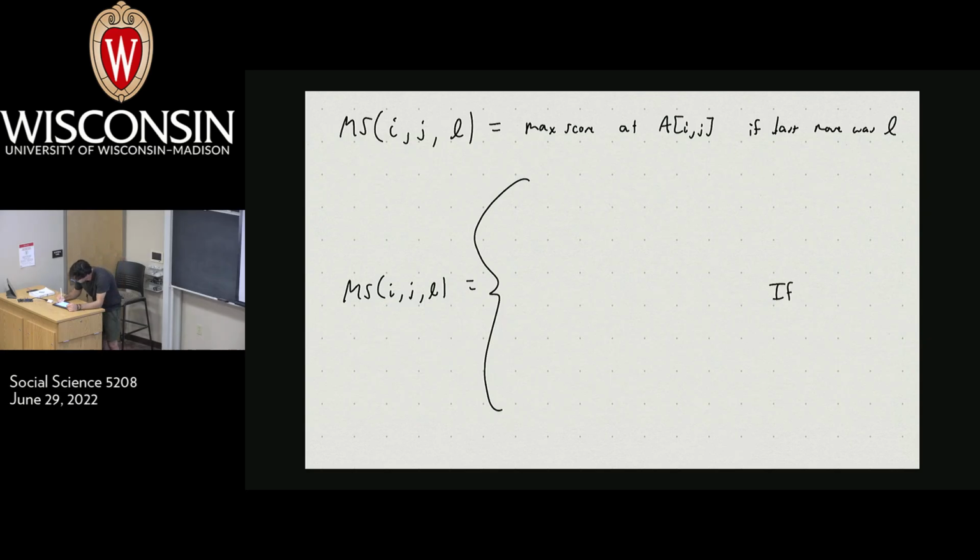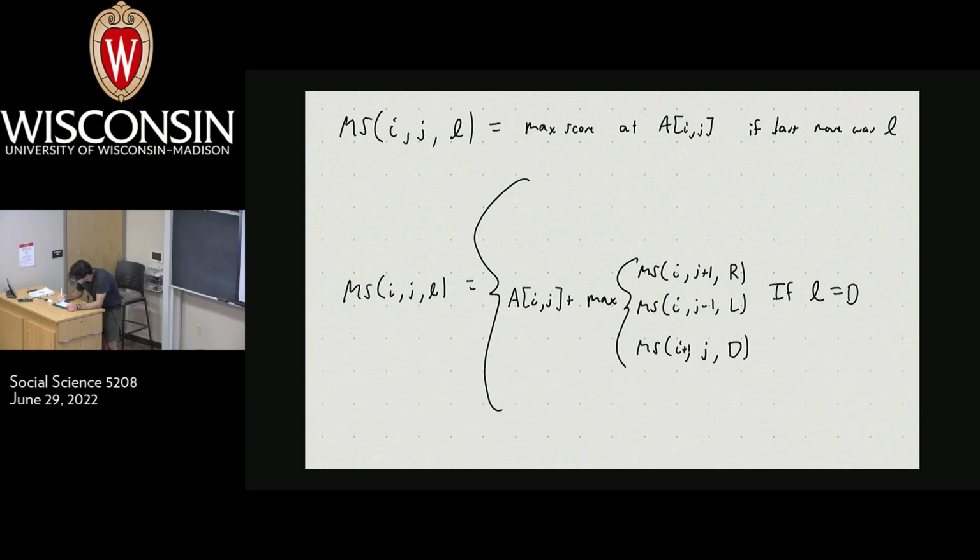So if L is down, then we can do, well, we need a max, of course. So we have ms i j plus 1, and our last move is now our right move. We can do ms i j minus 1, and the last move was a left move. Or we can do i plus 1 j, and the last move was a down.